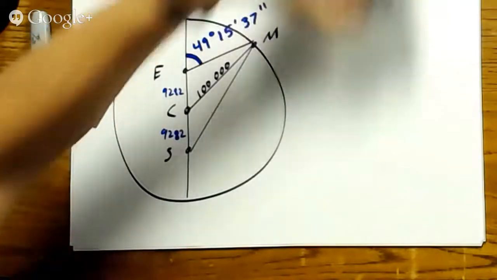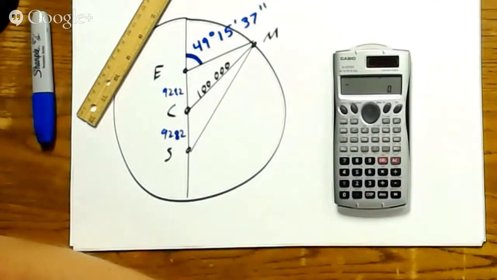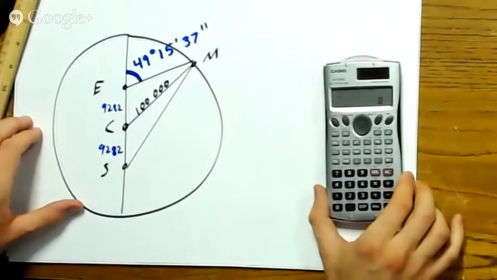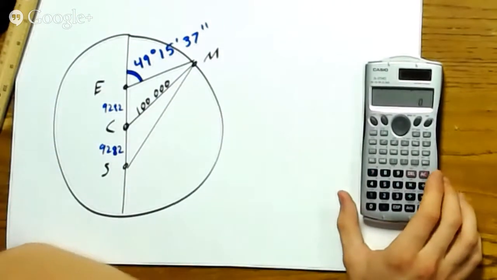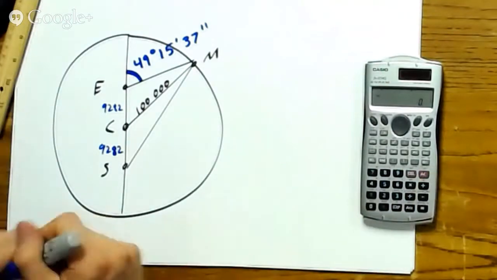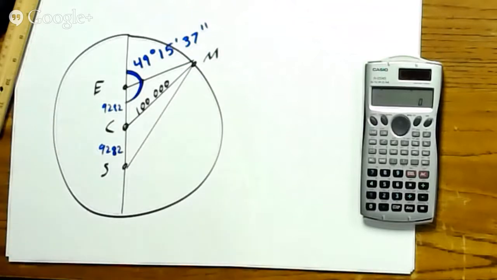So how did you approach this one, Anastasia? What did you do? I did a lot of things. But the one that got me somewhere, I first found out what that angle MEC was. I did that by subtracting 49 degrees, 15 minutes, 37 seconds from 180.